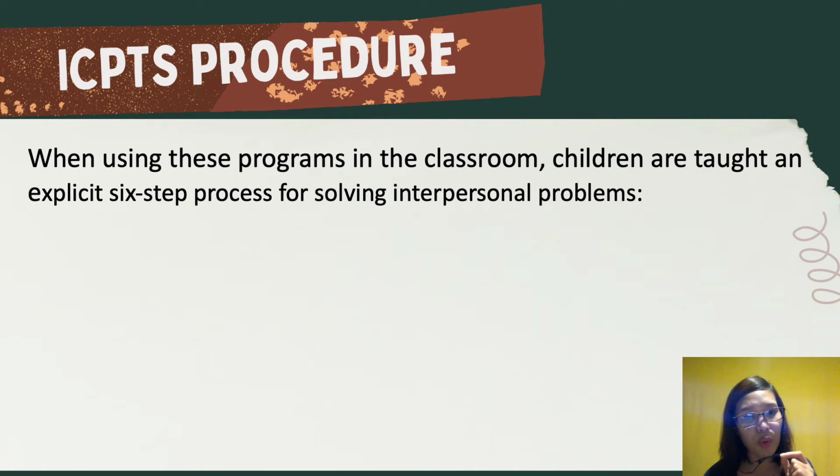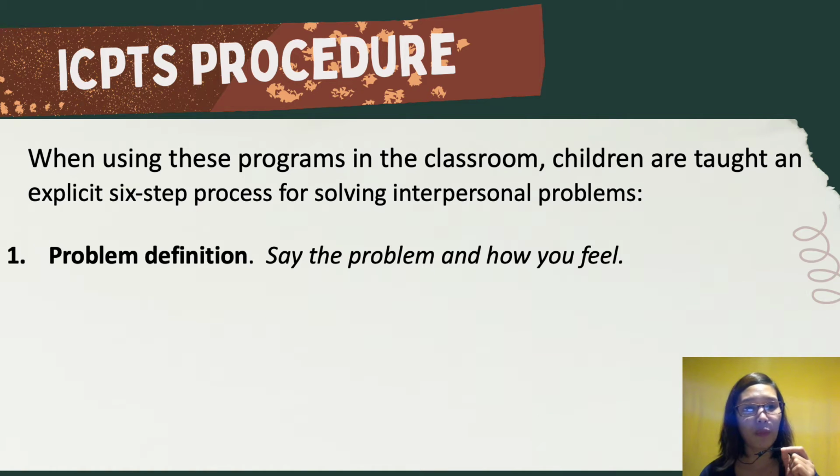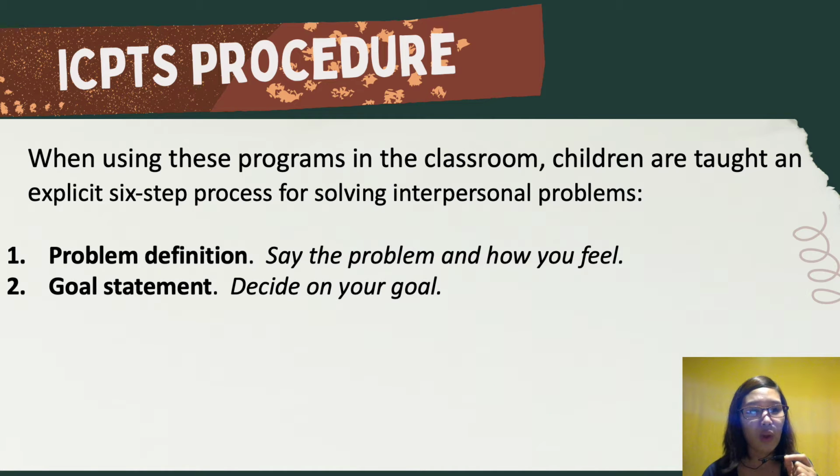When using this program in the classroom, children are taught an explicit six-step process for solving interpersonal problems. First, problem definition. Say the problem and how you feel about it. So it's important to define what kind of problem it is. Second, goal statement.